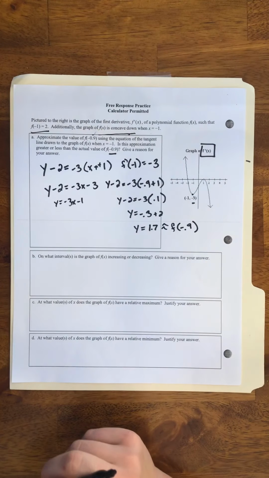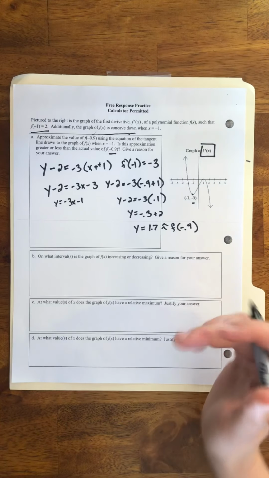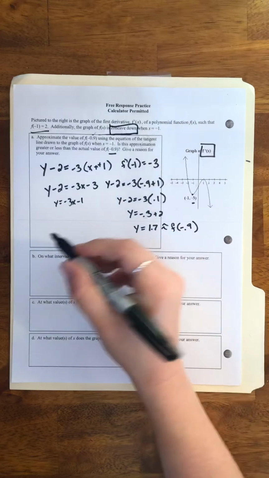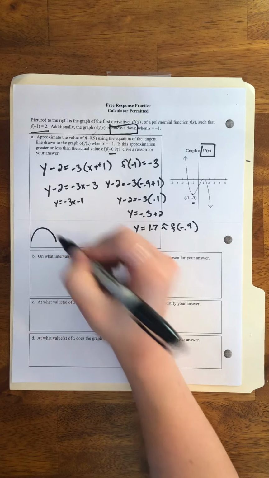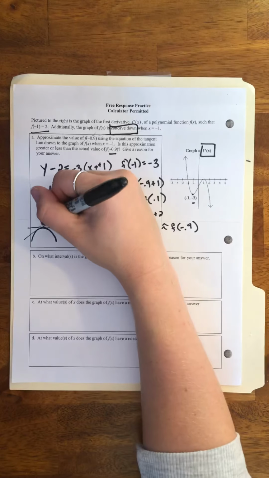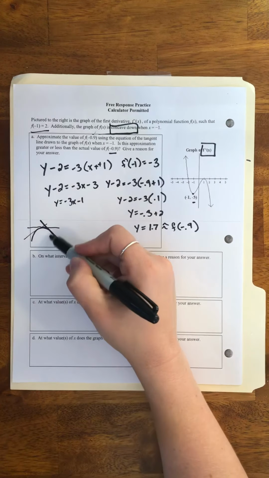And then it says, is this approximation greater or less than the actual value? I'm not sure yet, except it says that f of x is concave down. And what I know about concave down functions is they look like this, and any time I draw a tangent line, they touch at one location, but every other point of the tangent line is above the function value.